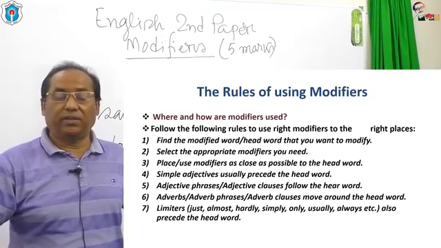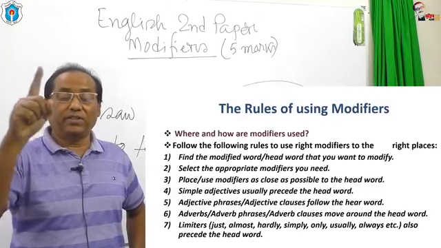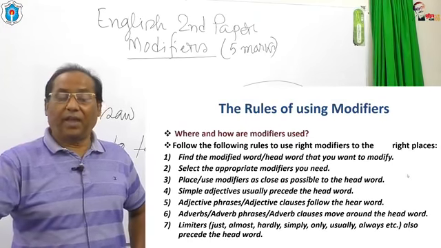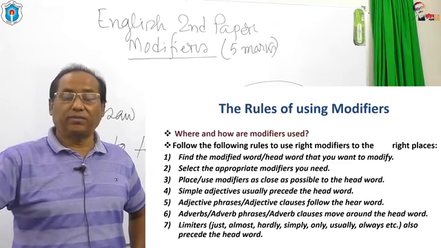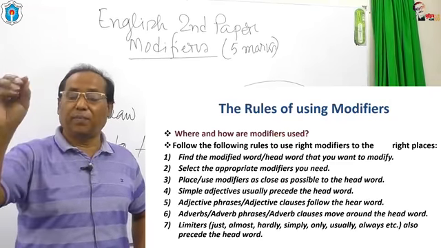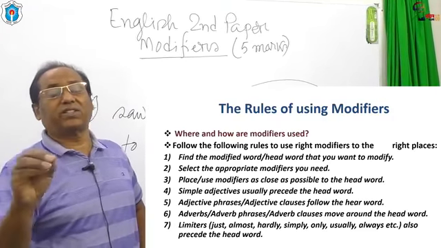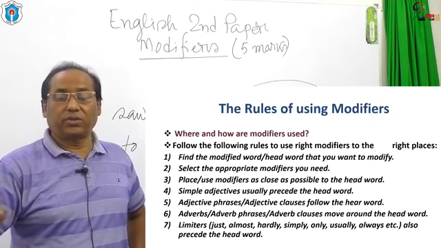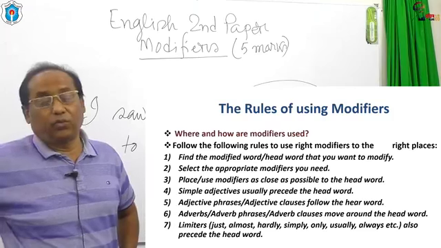Beautiful girl: simple adjective, beautiful, is used before the head word. An intelligent boy, boy is the head word. Intelligent is a simple single adjective. So simple single adjectives are usually used just before the head word.